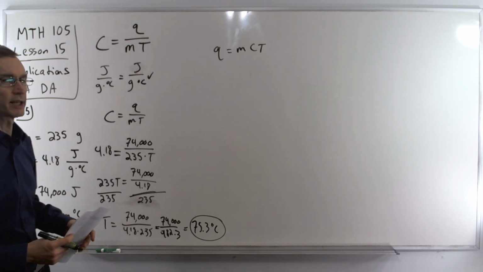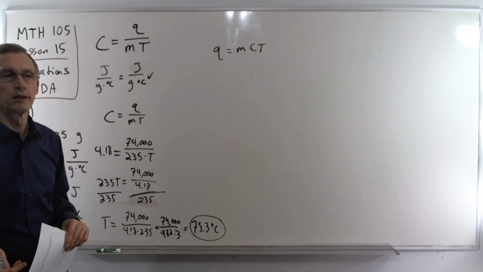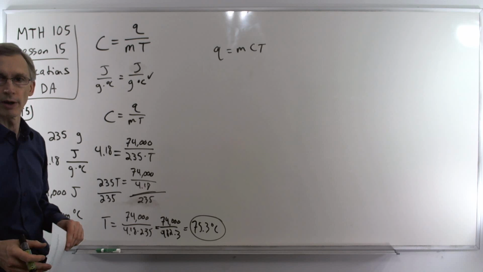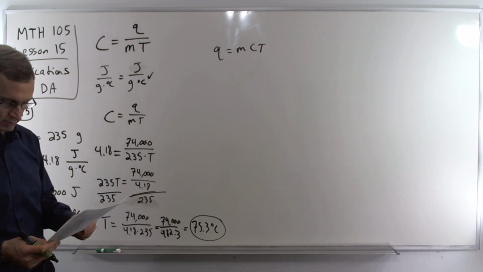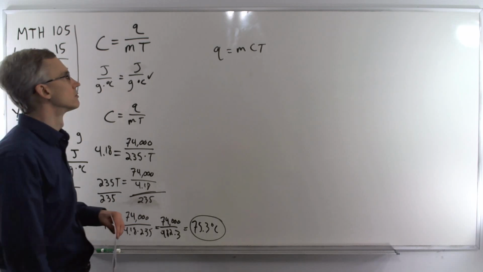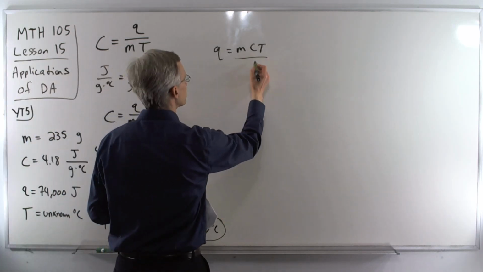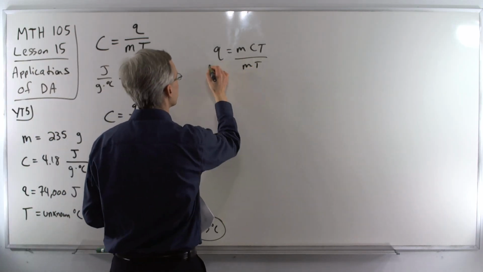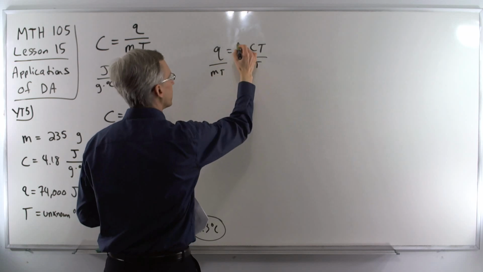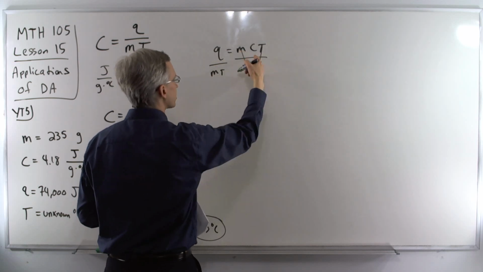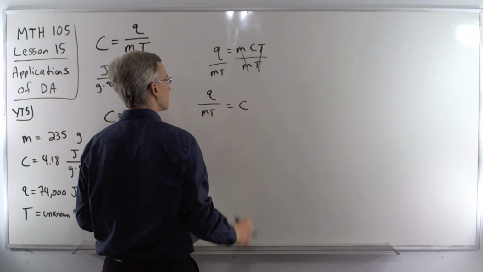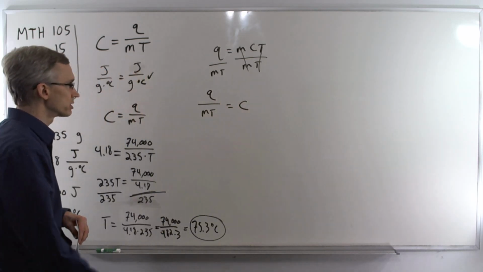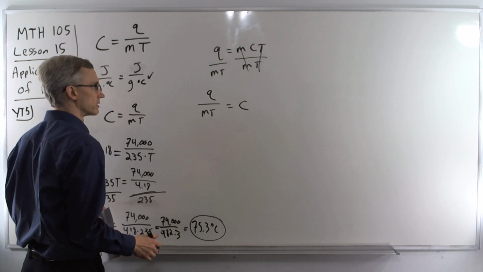Well, we can use the techniques we learned earlier in the class, solving literal equations, and we can start by solving this for C. So I can divide both sides by M times T. Right, the M's cancel, the T's cancel, leaving just C on the right. So we get Q over MT equals C. And then we just fill in the units for these quantities.